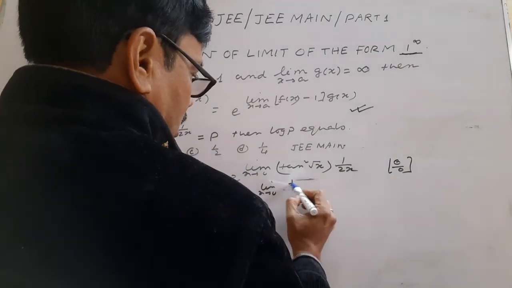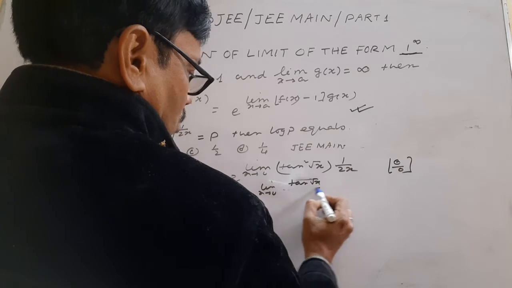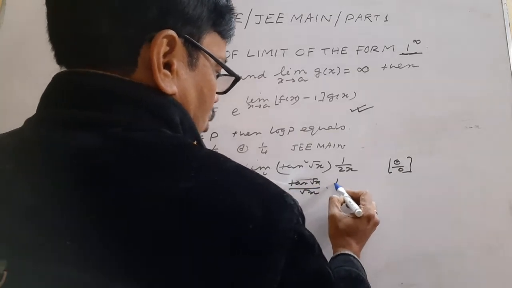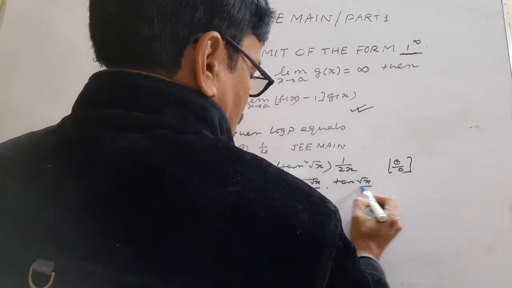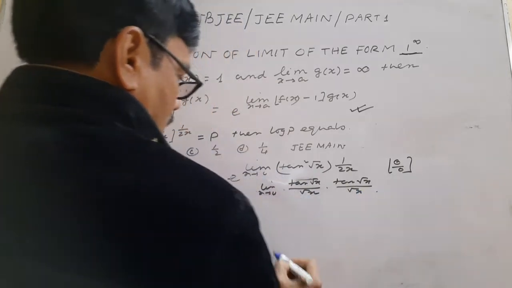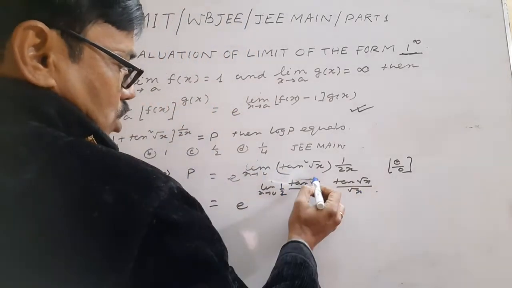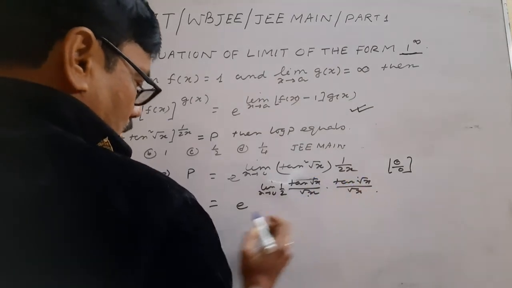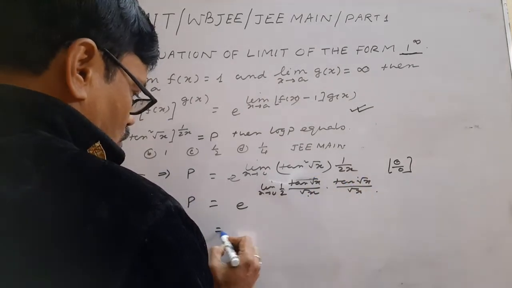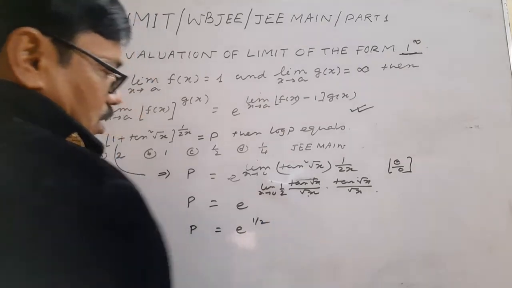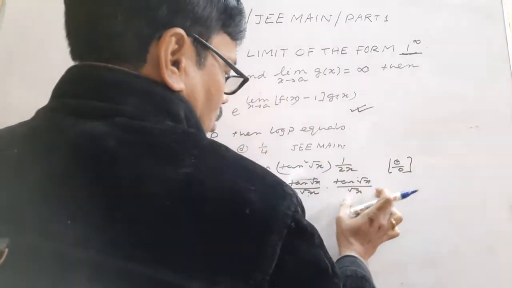We can write it as tan root x by root x into 1 by 2 root x... as x tends to 0, this is 1, this is 1. So p equals e to the power half.